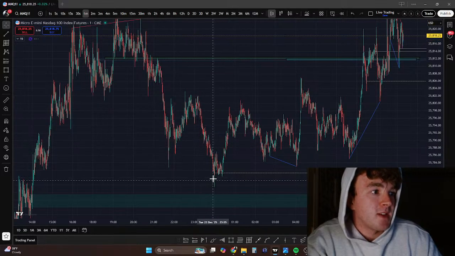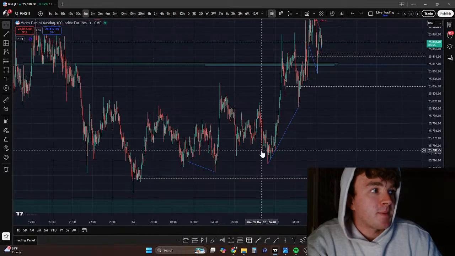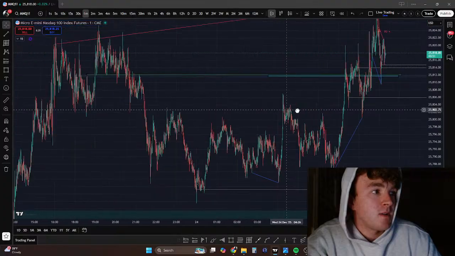So once again, we already kind of formed low of the day at that rejection block. We had this gap here in price, and then this breaker right here.